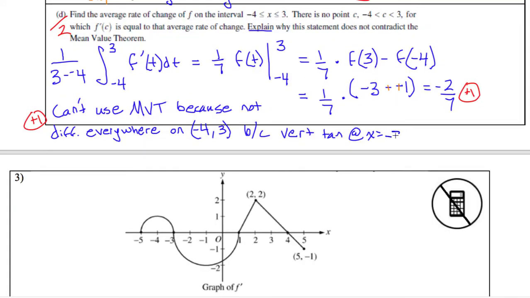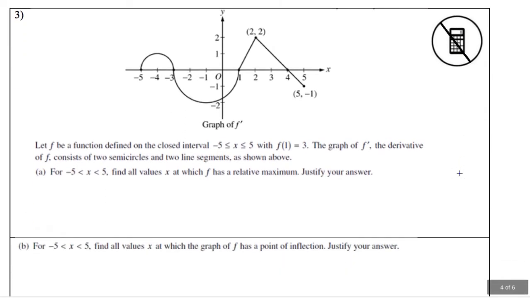At x equals -3 and sharp corner at x equals 0. Either one of those two things on their own would make it not differentiable. But we have two things. All right, we good? That one's going to be on the test. So make sure you know it.